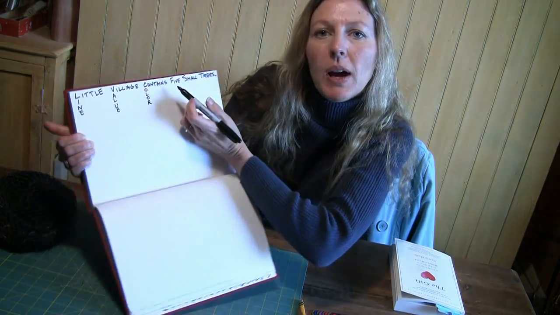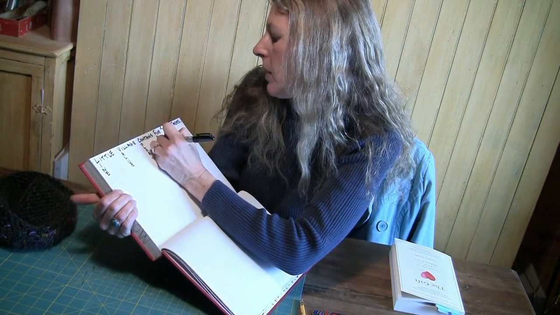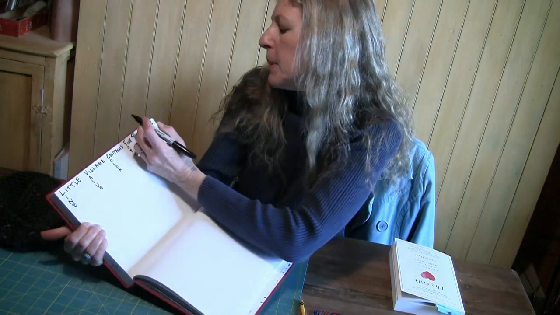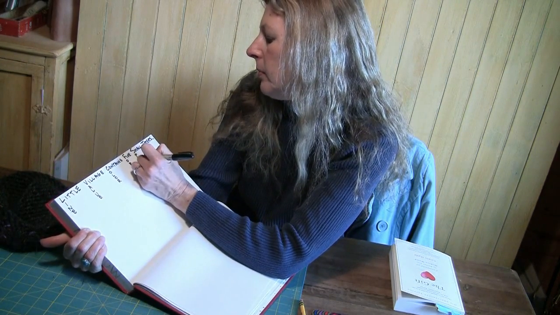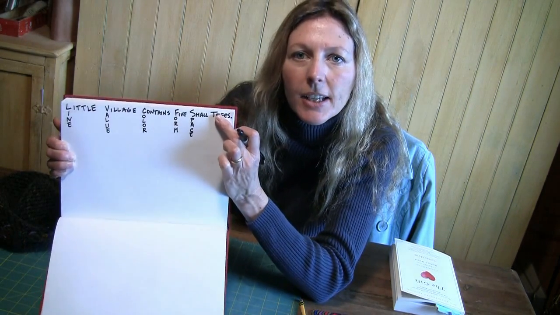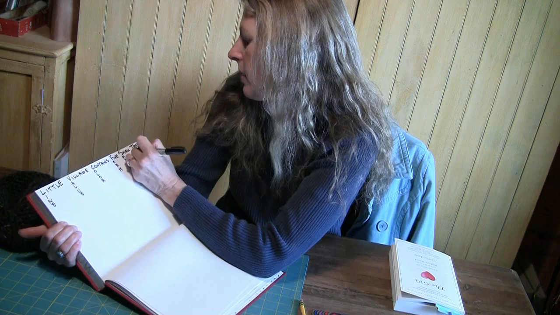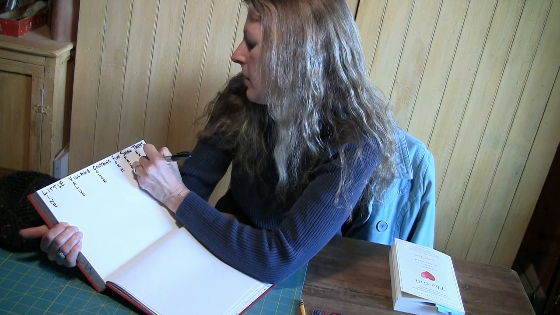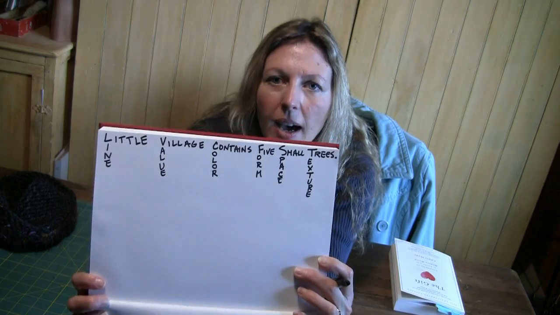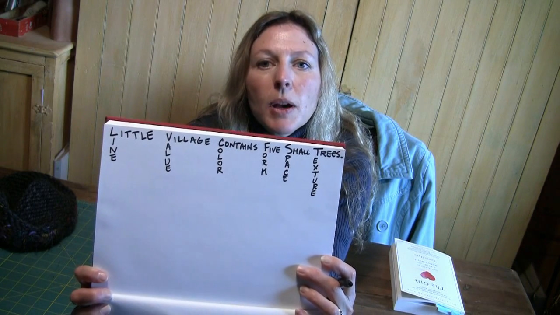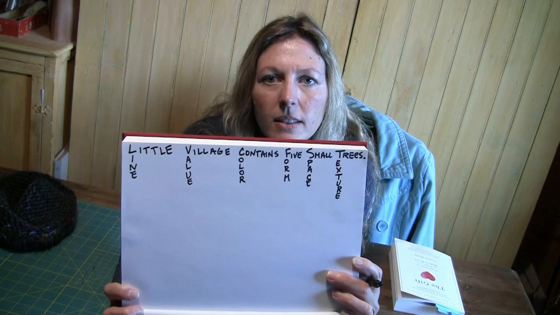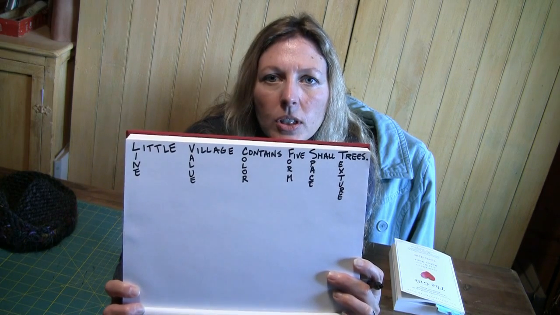From 5, I'm going to write form. From small, I'll write space. And from trees, I'll write texture.